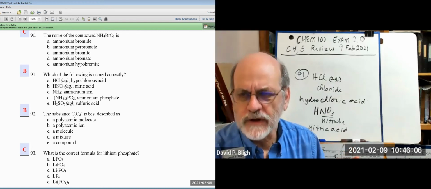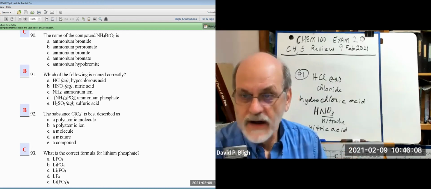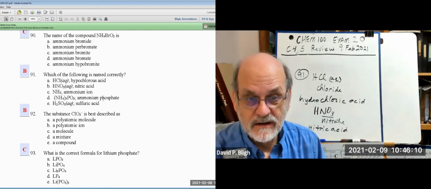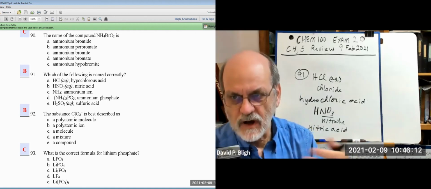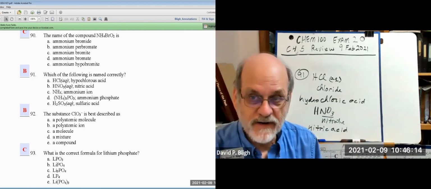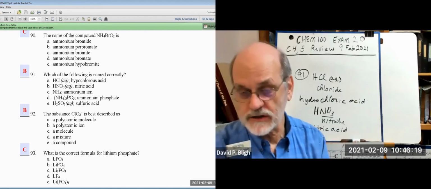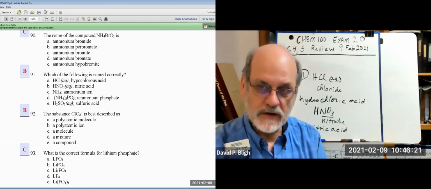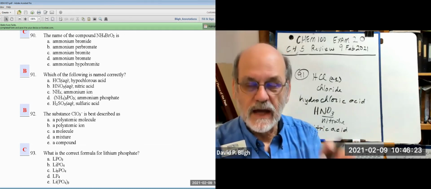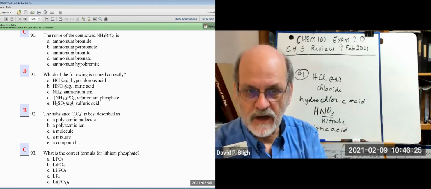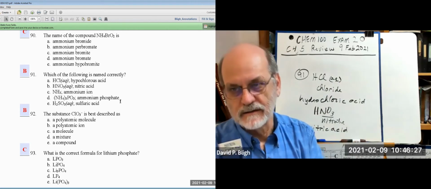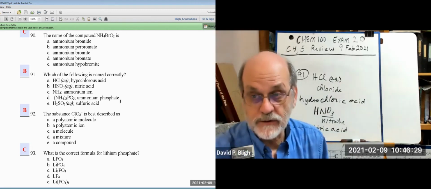And PO3. What is PO3? It's not phosphate. It's sort of in that homologous family. It's phosphite. And it's got the same charge as phosphate, 3-. So you need 3 ammoniums and 1 phosphite, makes ammonium phosphite. That one's false.